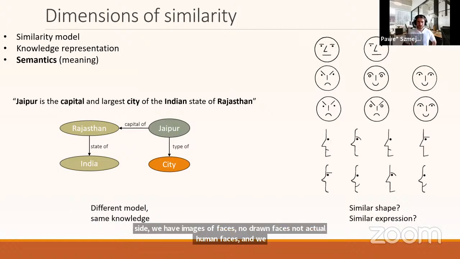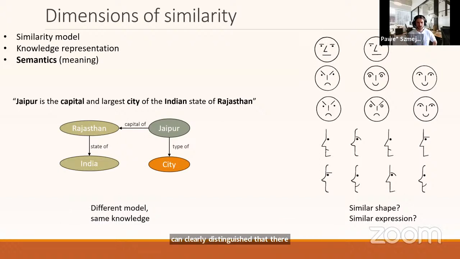And we can clearly distinguish that there are two groups of those images, one on the top and one on the bottom. So we might assume that every face on the top is more similar to another face from that same group than it is to a face on the bottom.